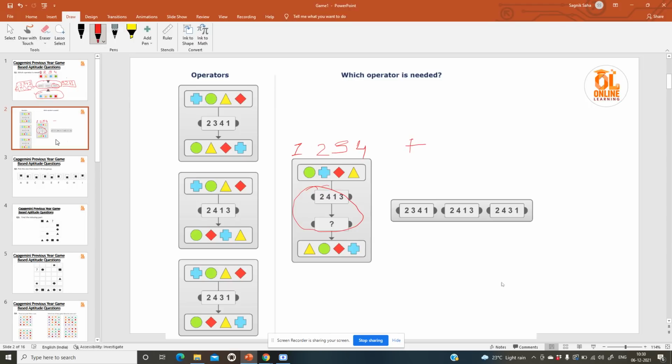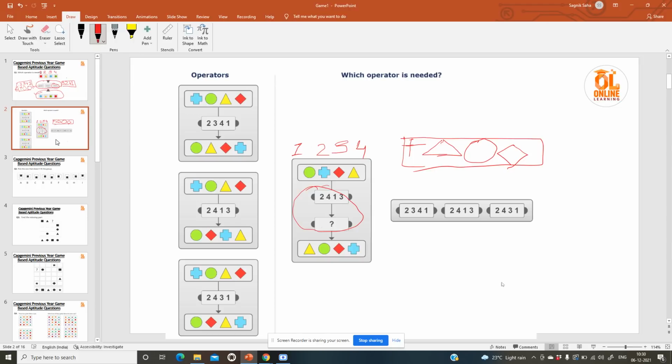Plus, so plus will be there. Now 4, which shape has the number 4? Triangle. Then 1, which shape has the number 1? Circle. And finally 3, which shape has the number 3? Rhombus. So this will be your shape.